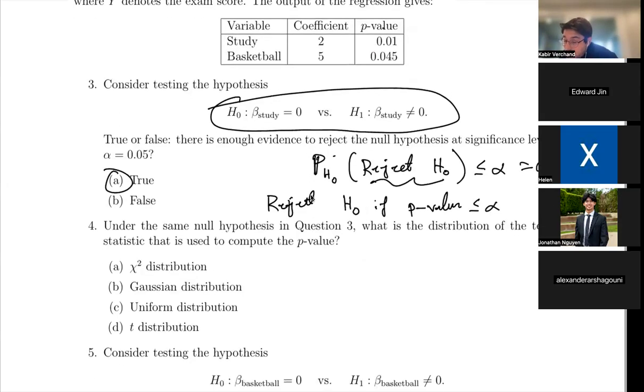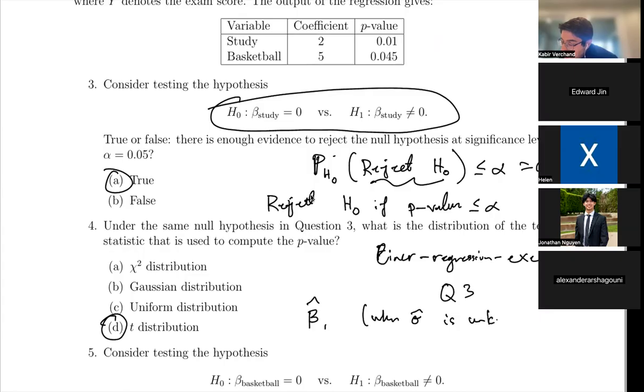Now, the next question is not necessarily a conceptual question. It's mostly asking, do you know what this p-value means and what it corresponds to? The answer to this can be found in the linear regression exercises in question 3, where we see that beta hat 1, when sigma hat is unknown, is t-distributed.